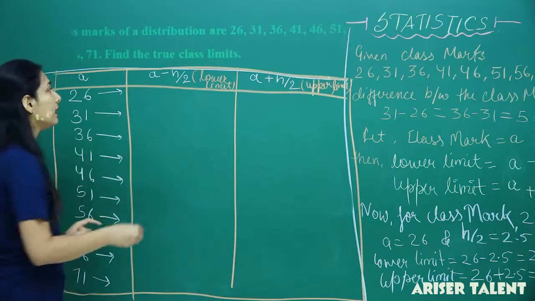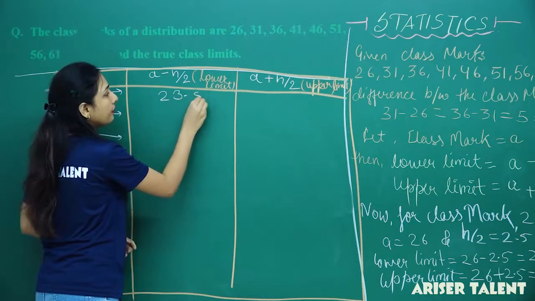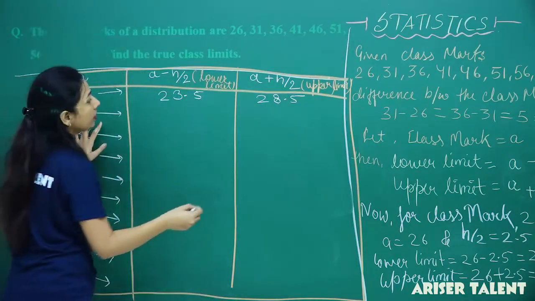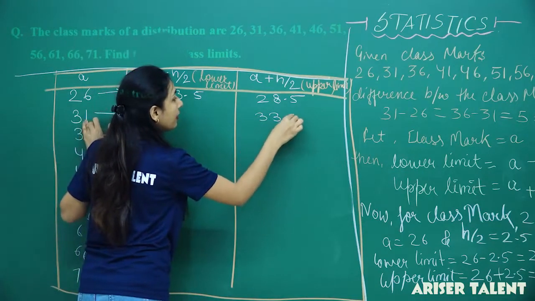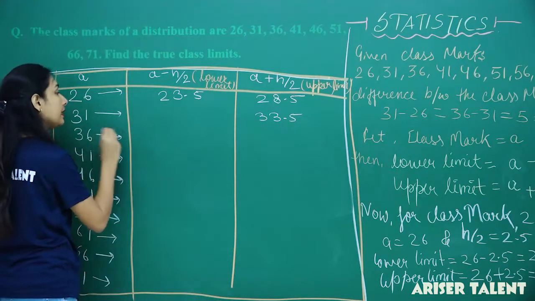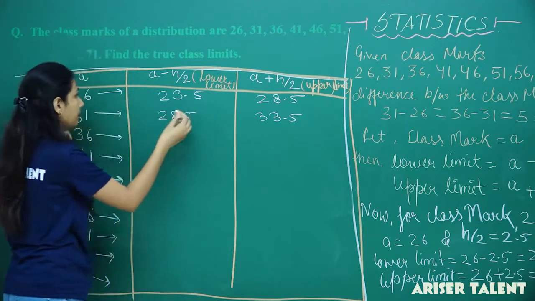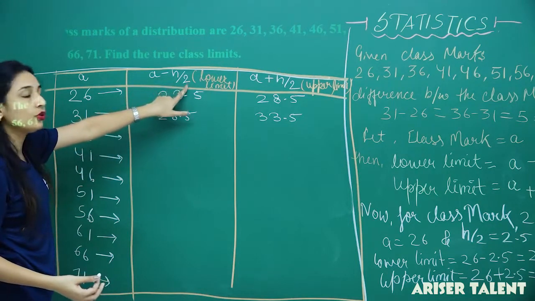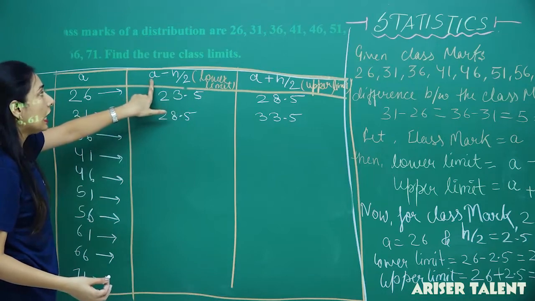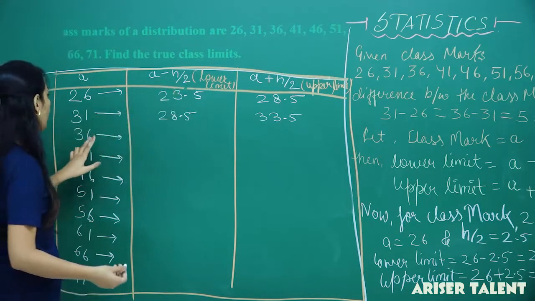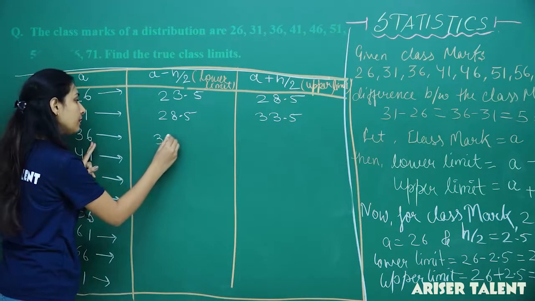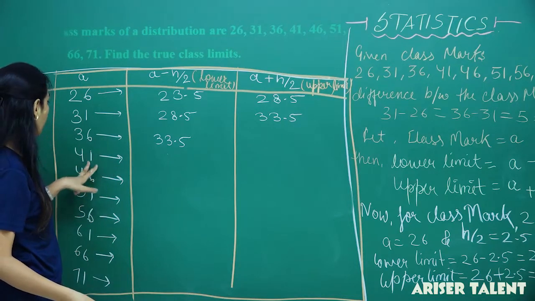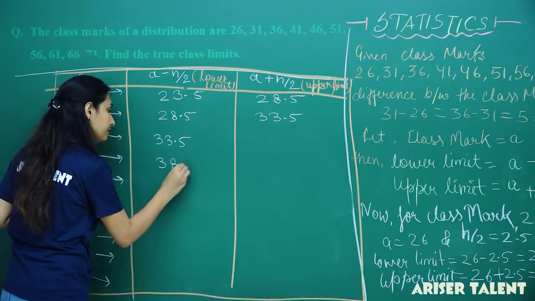We have calculated for that: 23.5 and 28.5. Now for 31, 28.5. I'm just subtracting 2.5 because h by 2 is 5 by 2 equals 2.5. Just subtract 2.5 from that, so that will be 33.5 for 36. Now 41 minus 2.5 is 38.5.